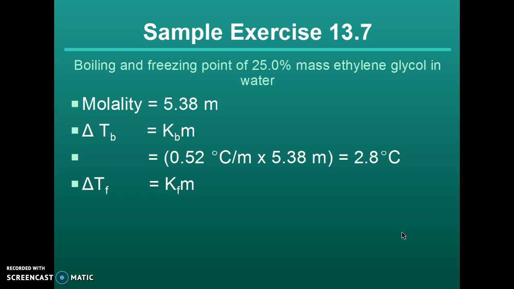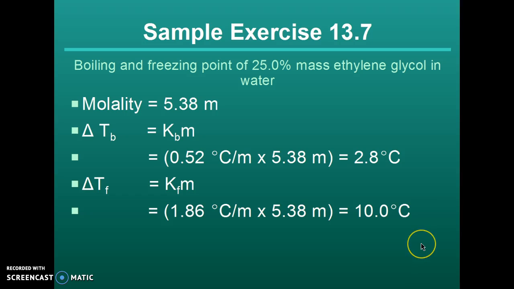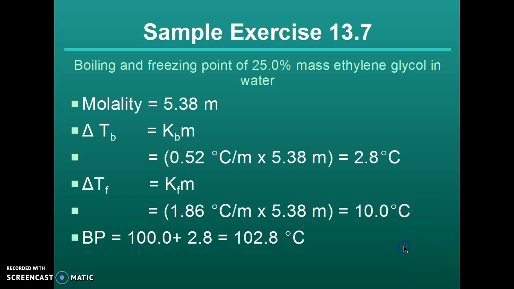We plug the same molality into the freezing point depression equation. We get 10 degrees. So the boiling point would be 102.8. The freezing point would be minus 10 degrees Celsius. Now you know why people sprinkle salt on their sidewalks when they think things are going to get freezing rain.